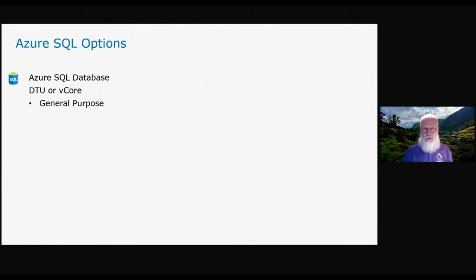You have General Purpose, which is, as I say, the basic version and the cheapest version to go into. Underneath General Purpose, you also have something called serverless, which is, again, Azure SQL Database as a serverless functionality with auto-pause, auto-stop, and so on. Then you have Business Critical.